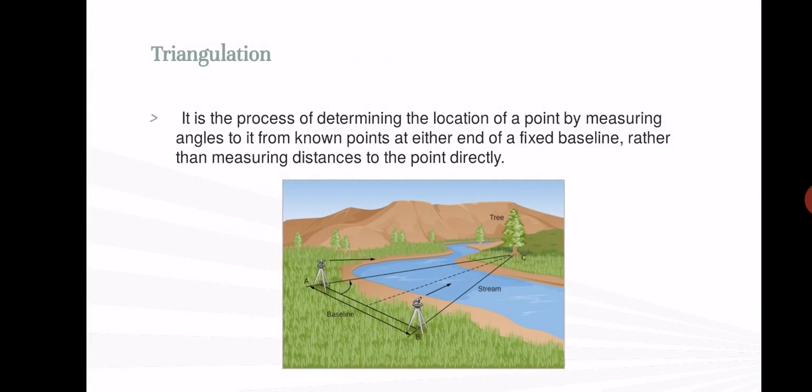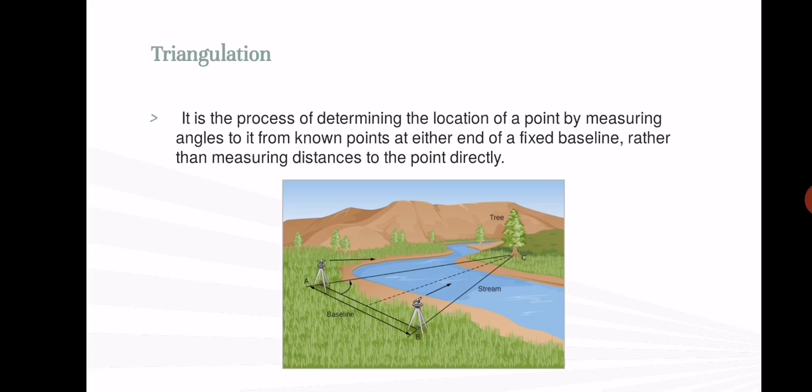Now this distance between A and B is already measured, and by taking this distance AB and measuring the angles between A, B and C, we can identify the distance between the known points AB and the unknown point C, the far distant point C.